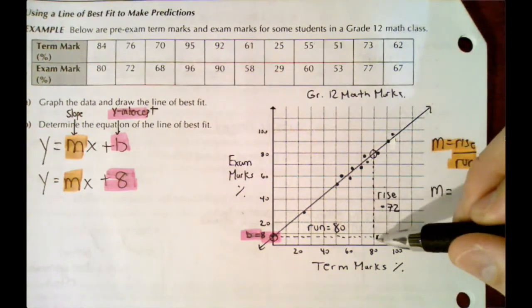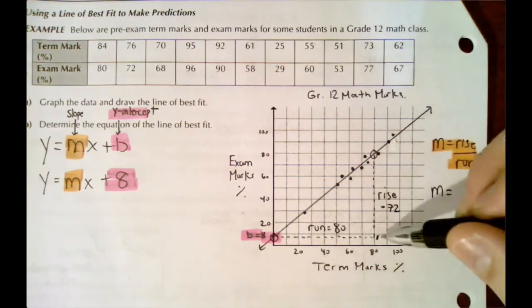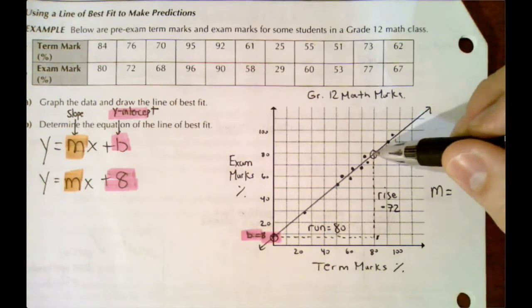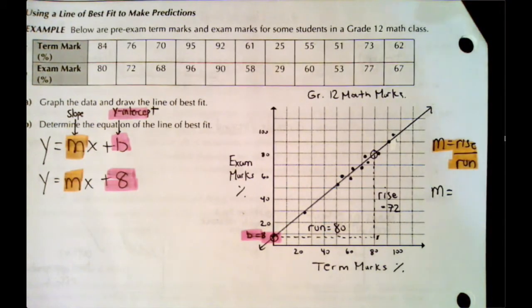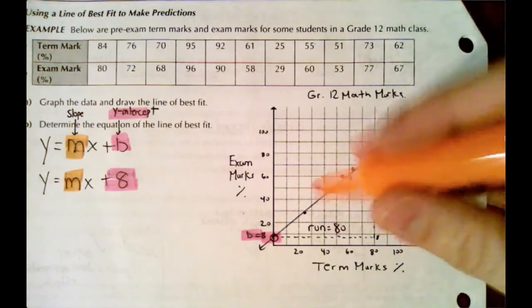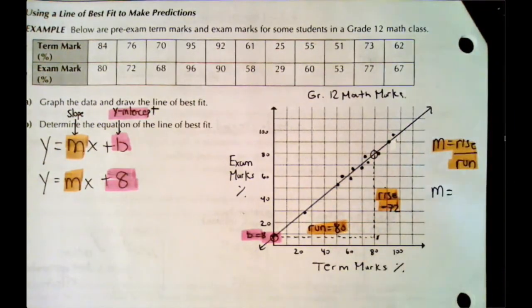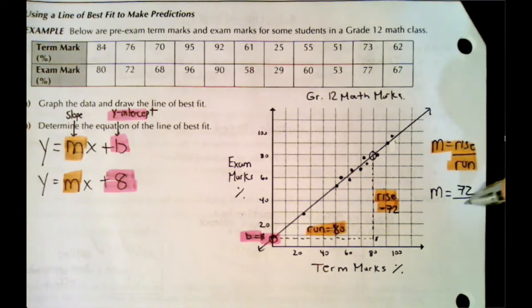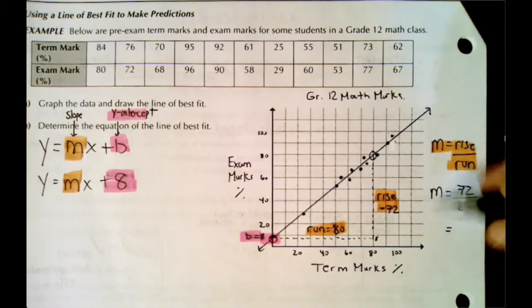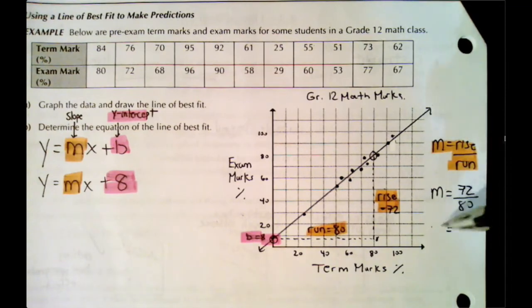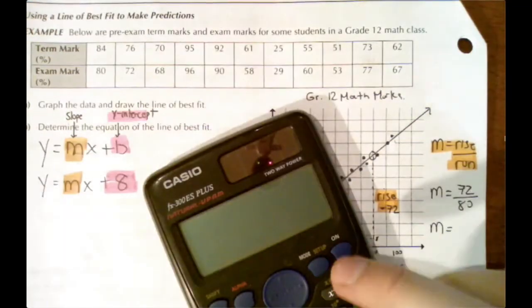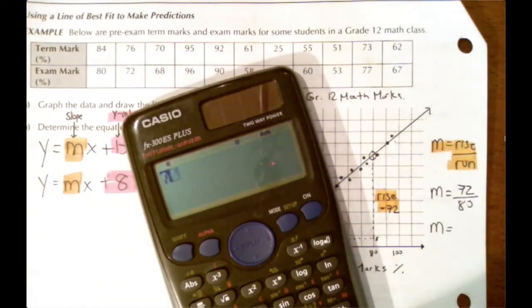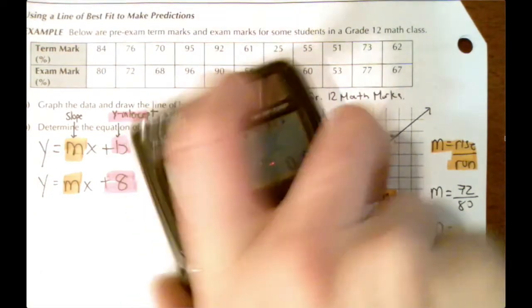We go up 72 because we're at 8 on the y-axis and we're going all the way up to 80. 80 minus 8 is 72. We can use those run and rise to find our slope. Rise divided by run, 72 over 80. And I'll get my calculator. 72 divided by 80 is 9/10 or 0.9.